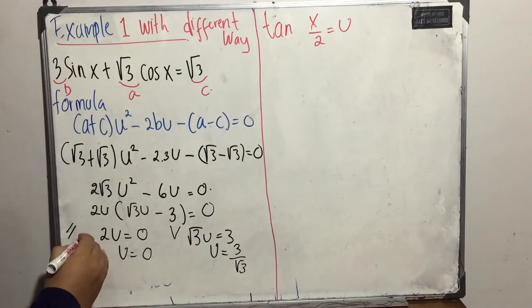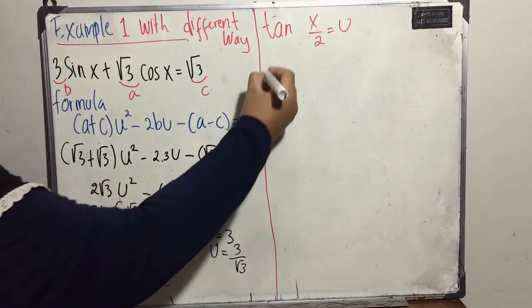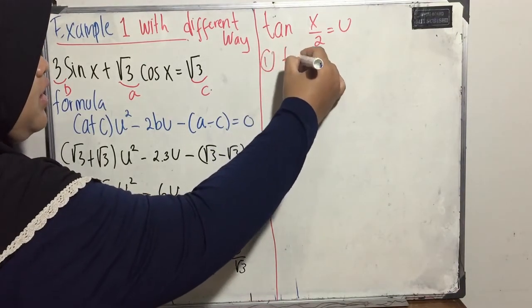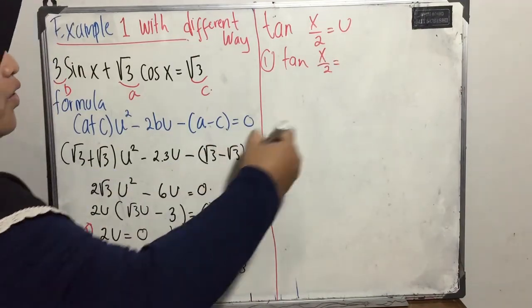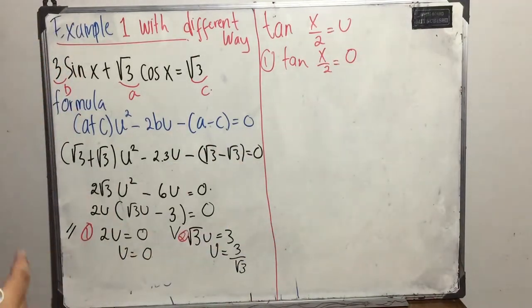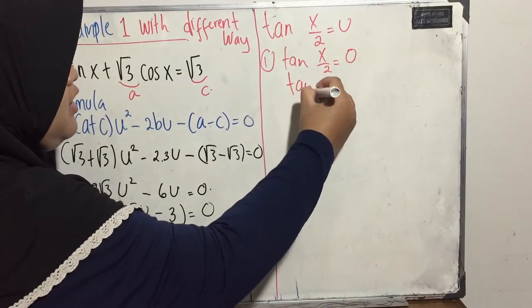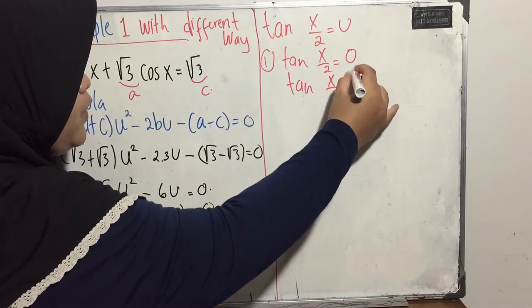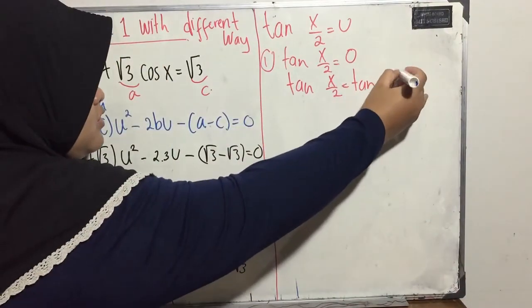Okay, we will solve number 1 first, and then we will continue to number 2. Number 1 is tangent x over 2 equals 0. What's the angle for 0? Right, correct. So tangent x over 2 equals tangent 0.